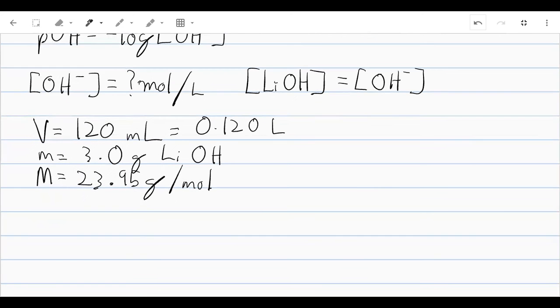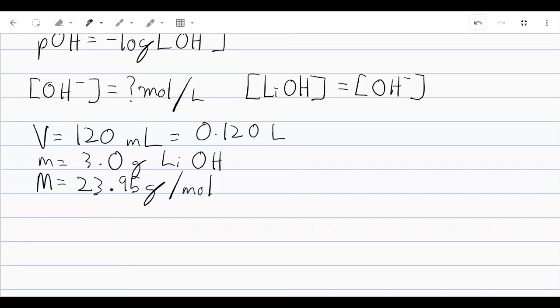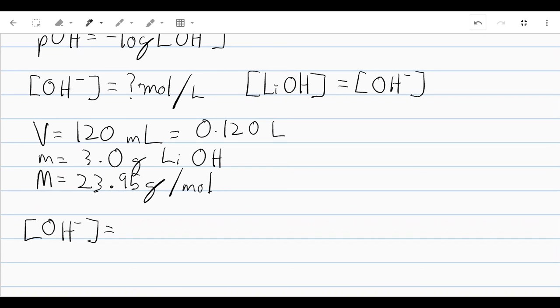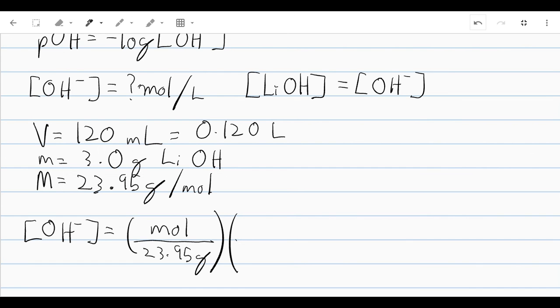Okay, we are going to start with some unit canceling to figure out what the concentration of the hydroxide ions is. I want moles per liter in the end. I have moles already, so I'm going to flip my molar mass upside down. For liters, I have that too. I want to put liters on the bottom because I want them to be on the bottom of the fraction in my final units.